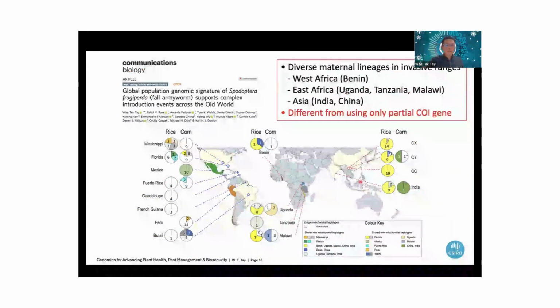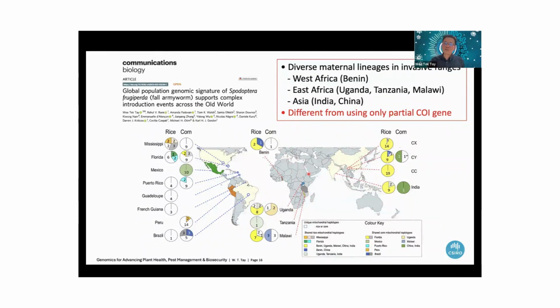We have done a lot of mitochondrial DNA analysis. These are whole genome analyses, and in the first study that was published in Communications Biology, we can demonstrate that the mitochondrial DNA genome signature in, for example, China and India is actually quite different from, for example, Uganda and Benin.